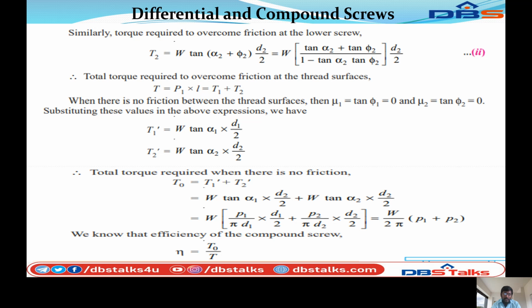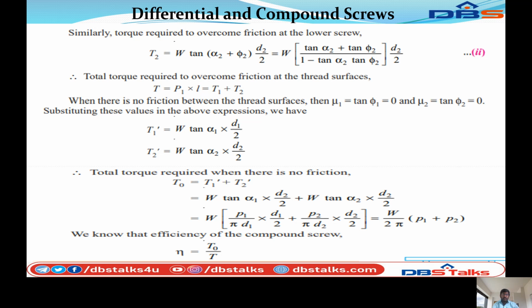Since tan alpha 1 is equal to P1 by pi D1 and tan alpha 2 is equal to P2 by pi D2, substitute the values in the above expression. W into P1 by pi D1 into D1 by 2 plus P2 by pi D2 into D2 by 2. D1 cancels in numerator and denominator, and similarly D2 also.